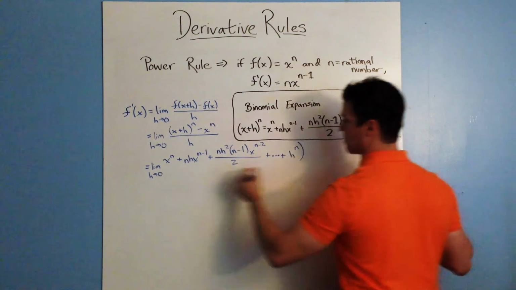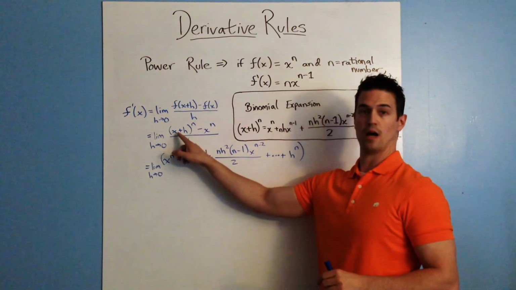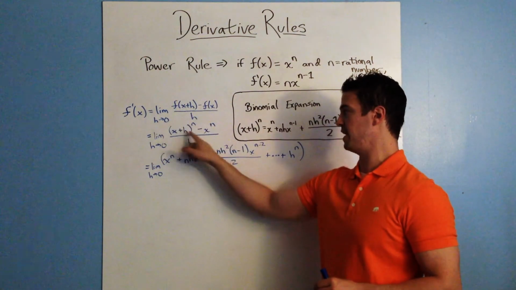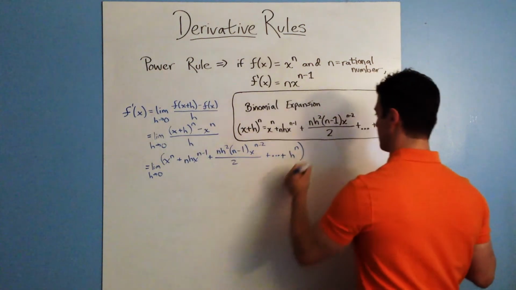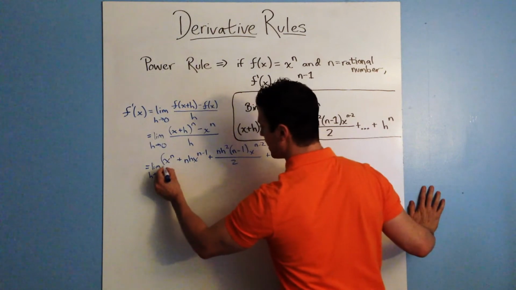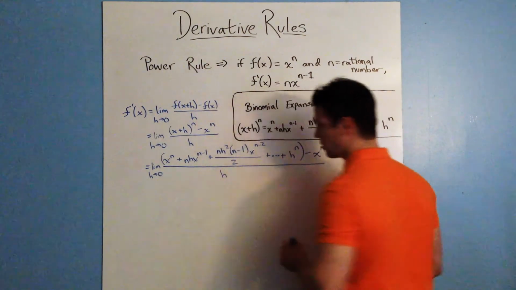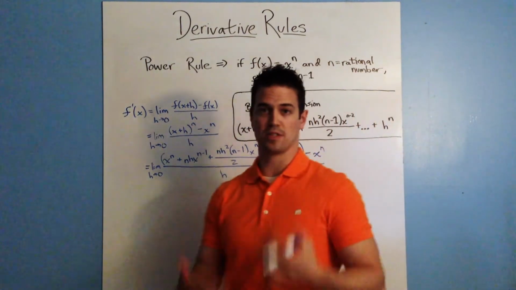I'm going to put parentheses around all of this because that's just our first term here, the f of x plus h. We still need to subtract x to the n power, like so, and then this is all going to be divided by h.